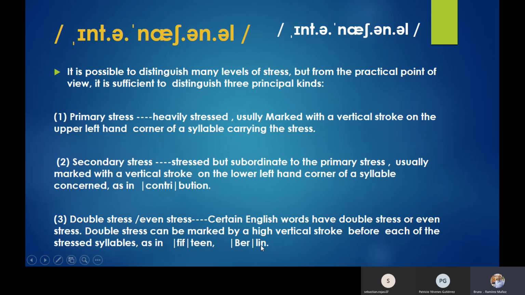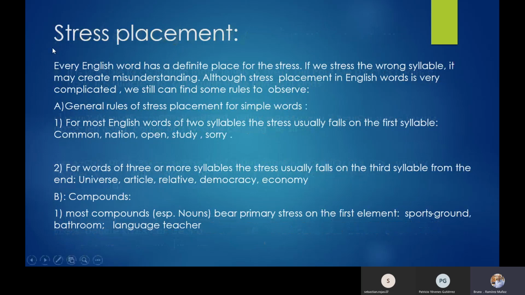This is the last slide for today. We're going to see the stress placement, some general rules that are going to be applied. For example, a general rule that we can see in letter A is that, in general, for simple words, words that do not have any derivation process, any prefixes, any suffixes, just the original word, when they have two syllables, the stress usually falls on the first syllable.